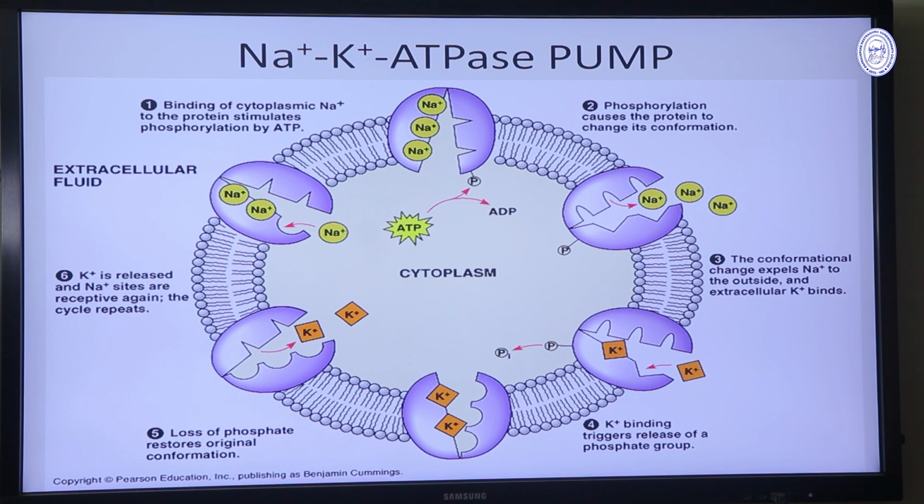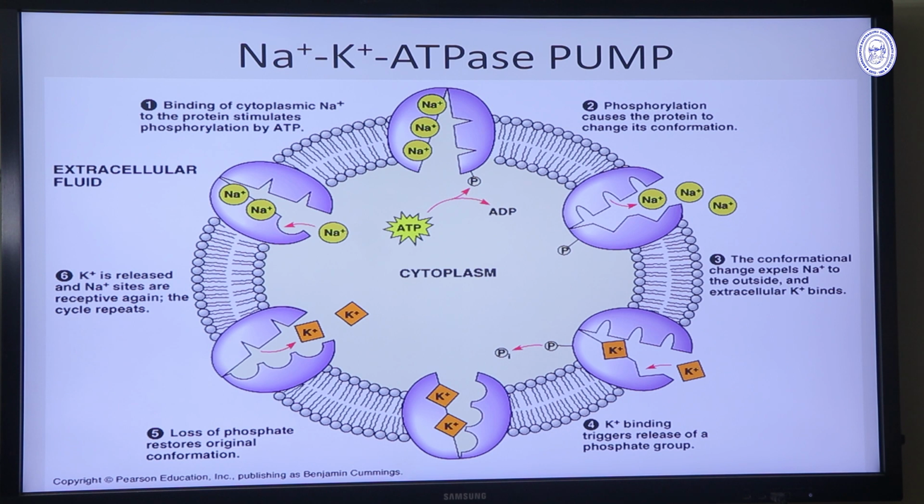Upon this binding, the pump protein will be dephosphorylated, meaning the phosphate gets detached from the pump. Upon this detachment, the pump protein will get another conformational change and return to the original state, that is, open to the cytosolic part. So, the potassium will be released into the cytoplasm.